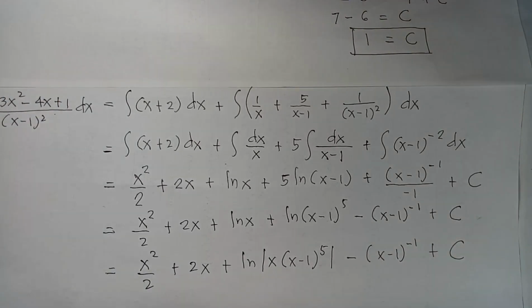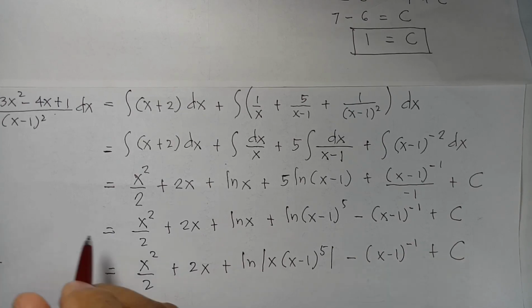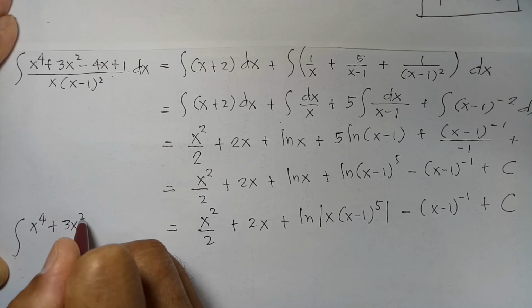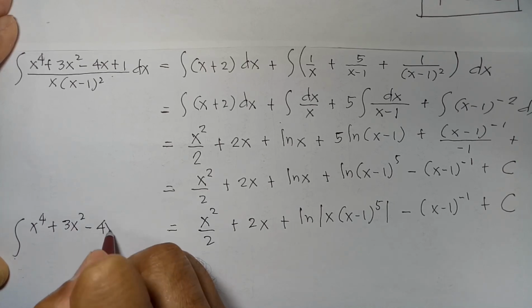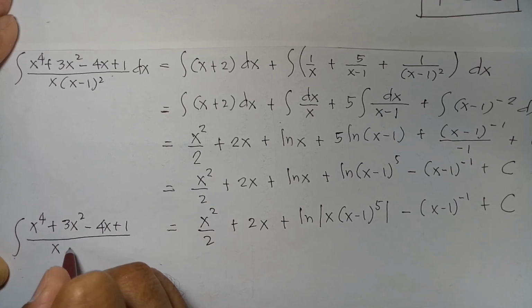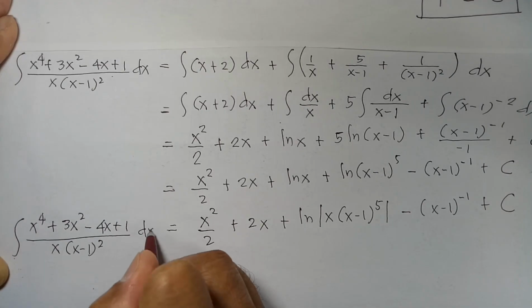So this is now the answer for the integral of x to the fourth plus 3x squared minus 4x plus 1 divided by x times x minus 1 squared dx.